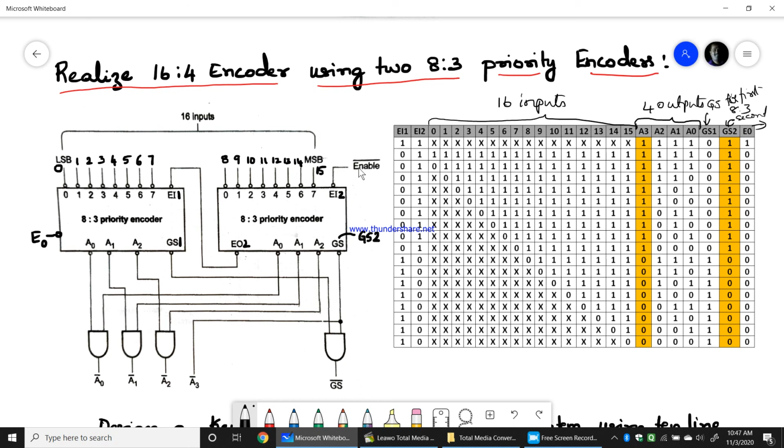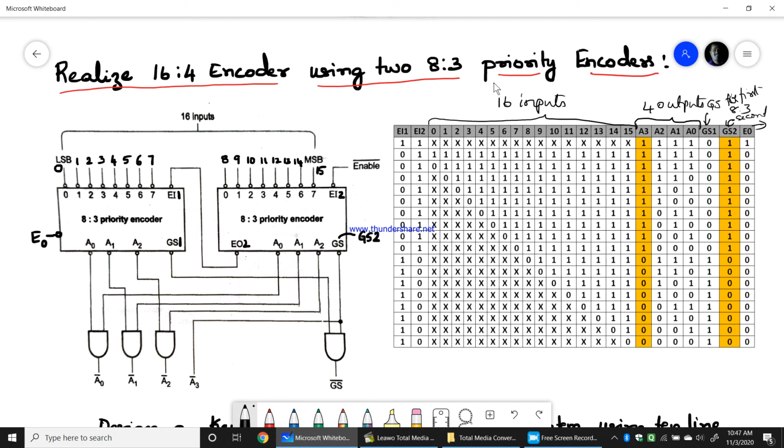Now I do have EI1, which is the enable input that enables the first IC, and I have EI2, which enables the second 8:3 priority encoder. Now if both are 1, it means both are disabled. Irrespective of the value of the inputs, the output remains as 1 1 1.